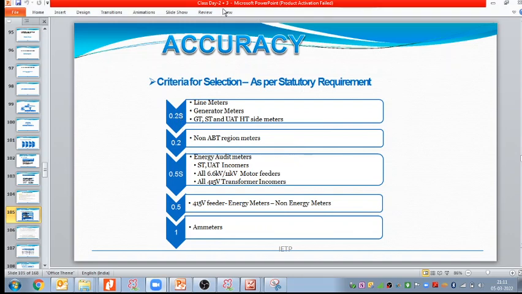Yeah, thank you, Raghunath. Anyone have any basic idea about the difference between 0.2 and 0.2 S? Correct, that is the special class, Rahmatullah. That is point number one. Any other point anyone can add? Yes, sure.